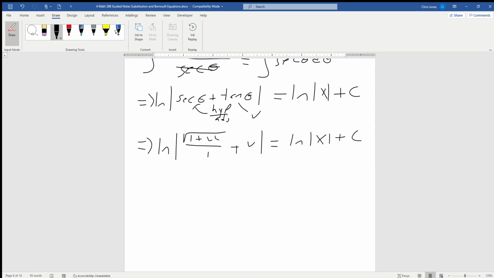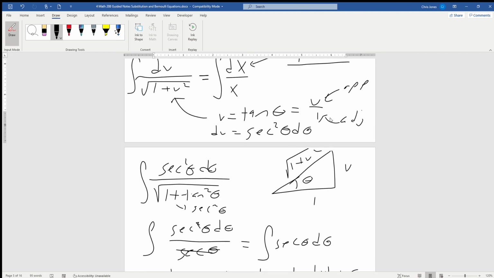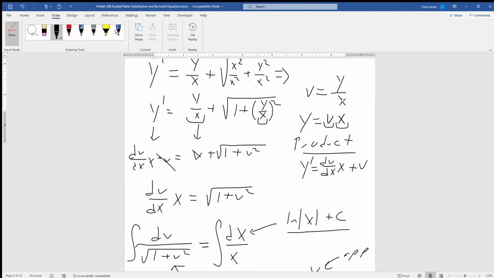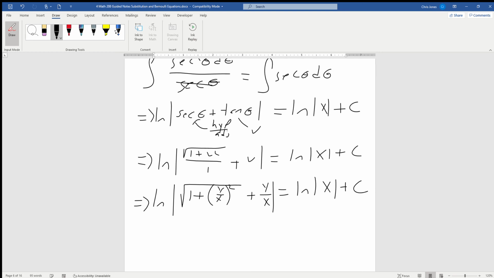And then don't forget that we have to back substitute for v as well. Remember, v was equal to y over x all the way back up here. So v was equal to y over x, and we're going to back substitute. So one possible solution is going to be the square root of 1 plus y over x squared plus y over x equals natural log absolute x plus c.